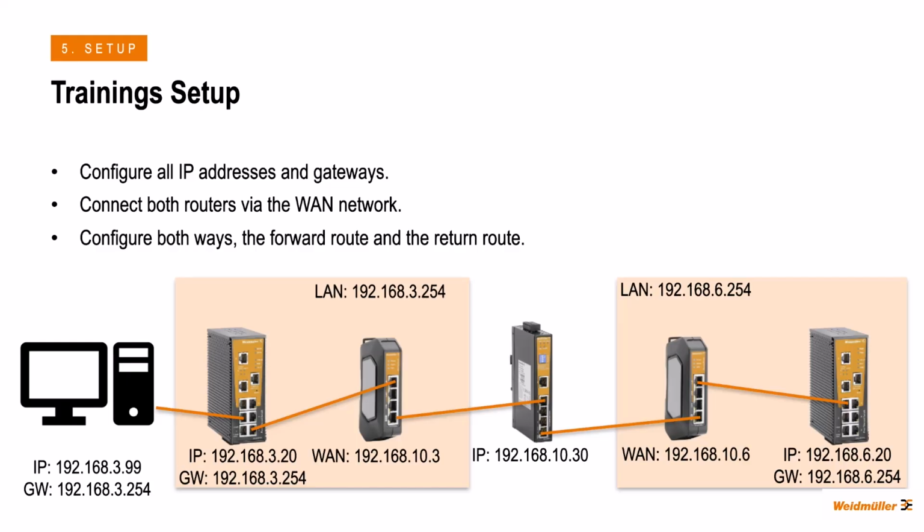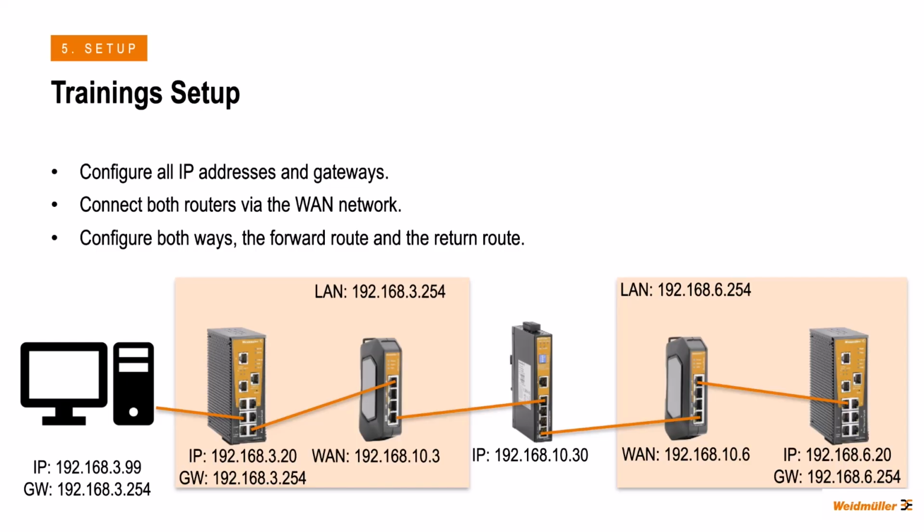The two routers communicate through the WAN network using the addresses 192.168.10.3 and 192.168.10.6. To enable communication between both LAN networks, routes must be configured on both routers.